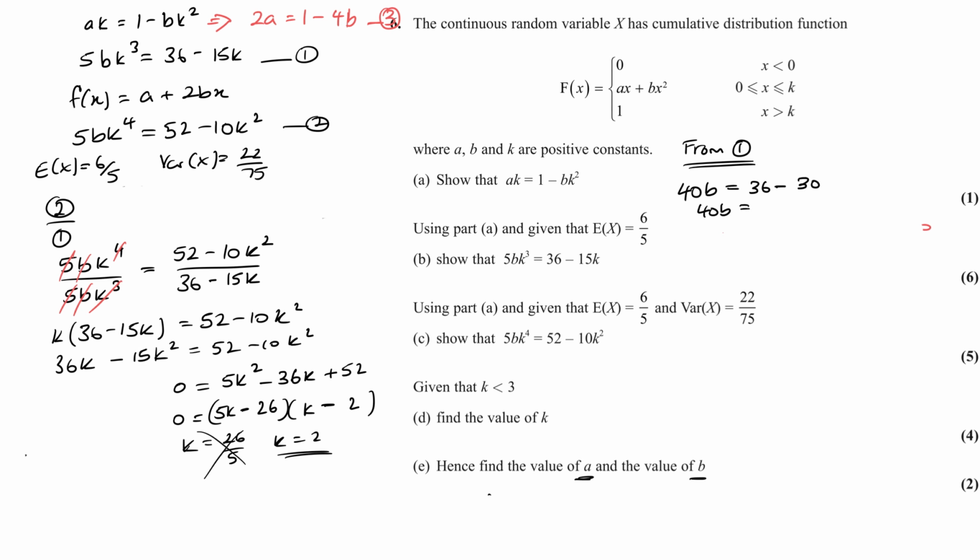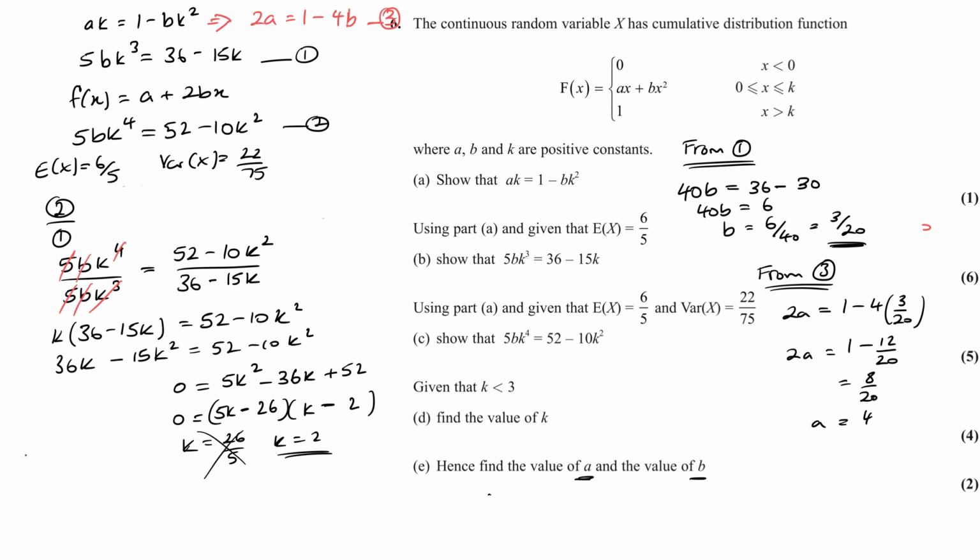So 40b equals 6, b equals 6 over 40, or 3 over 20. And then once I've got that, I can use equation 3, which I created. So 2a equals 1 minus 4 lots of 3 over 20. So 2a equals 1 minus 12 over 20. So what's that? 8 over 20. So a is 4 over 20. Okay, and there are my two answers for a and b.